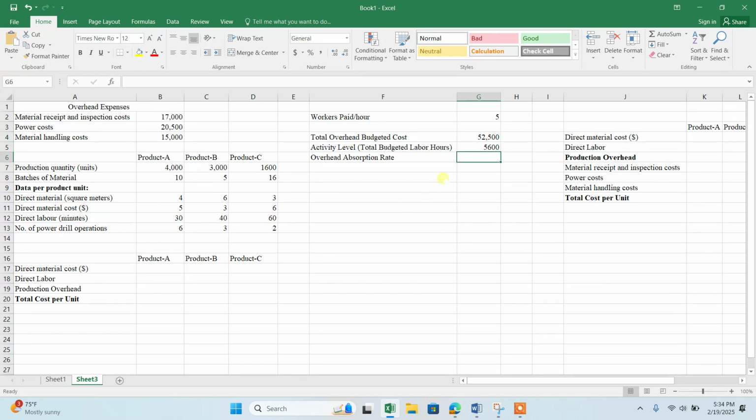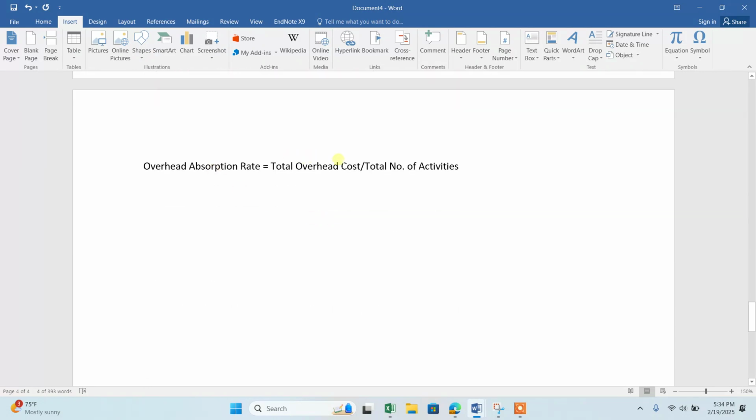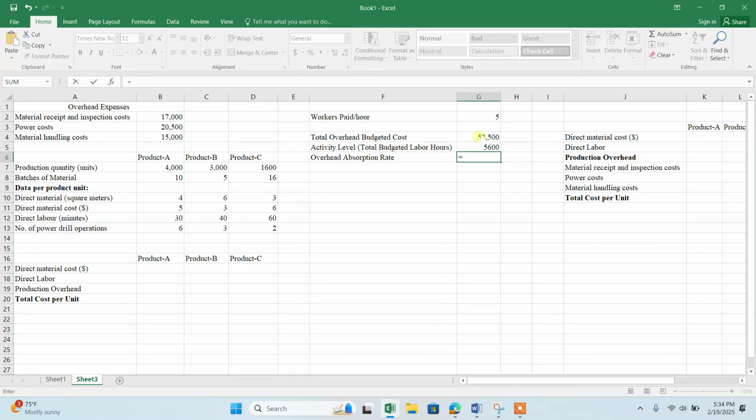Okay, so what is the overhead absorption rate? Total overhead costs divided by total activities. So the total overheads are now divided by the total number of hours. What does this mean?